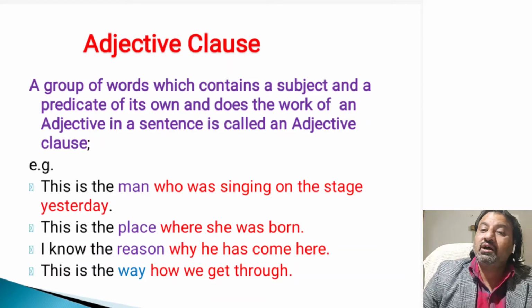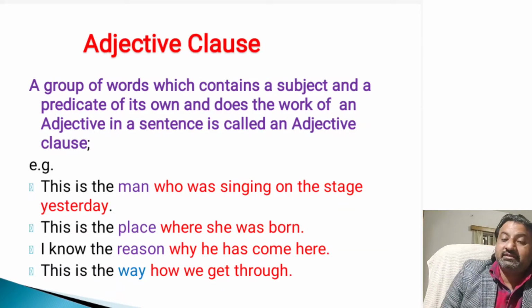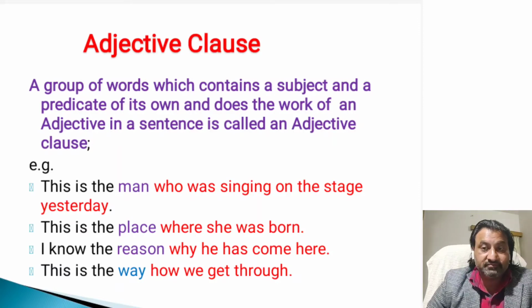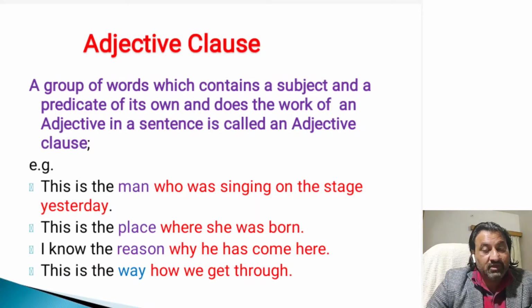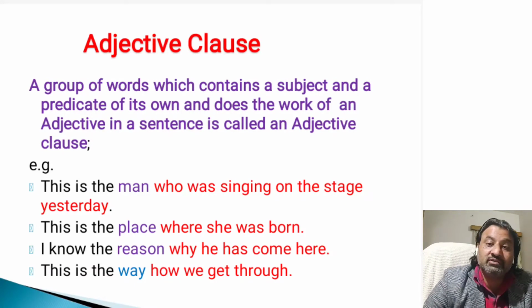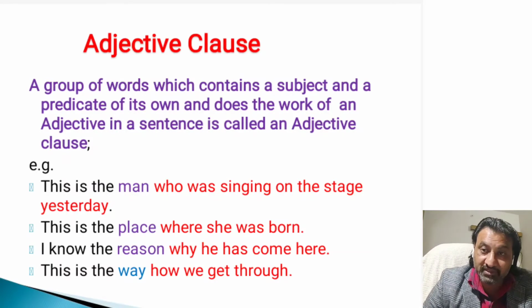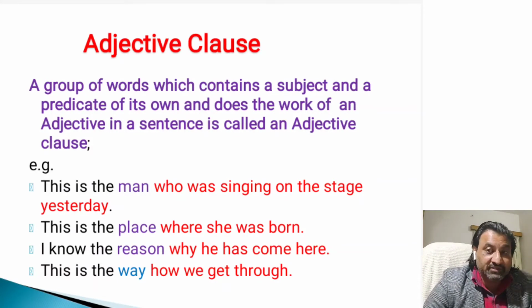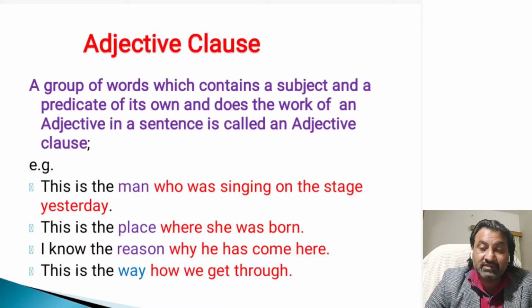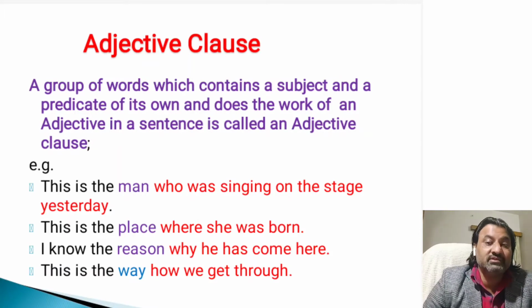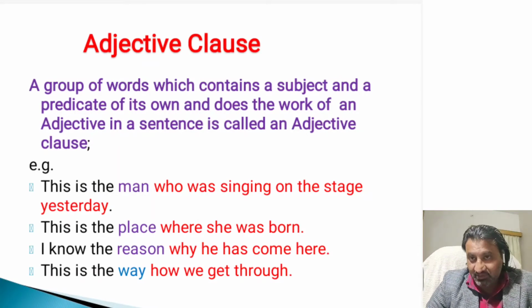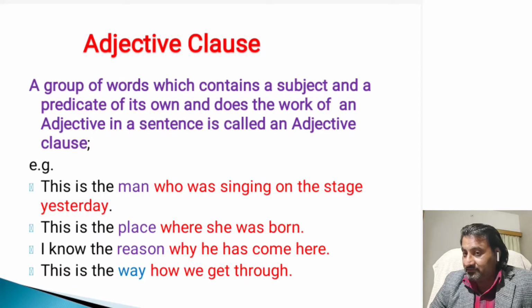In the next example, this is the place where she was born. The subordinate clause "where she was born" is going to tell us something about the place. I know the reason why he has come here. Now, "why he has come here" tells us about the reason. Then, this is the way how we get to it.